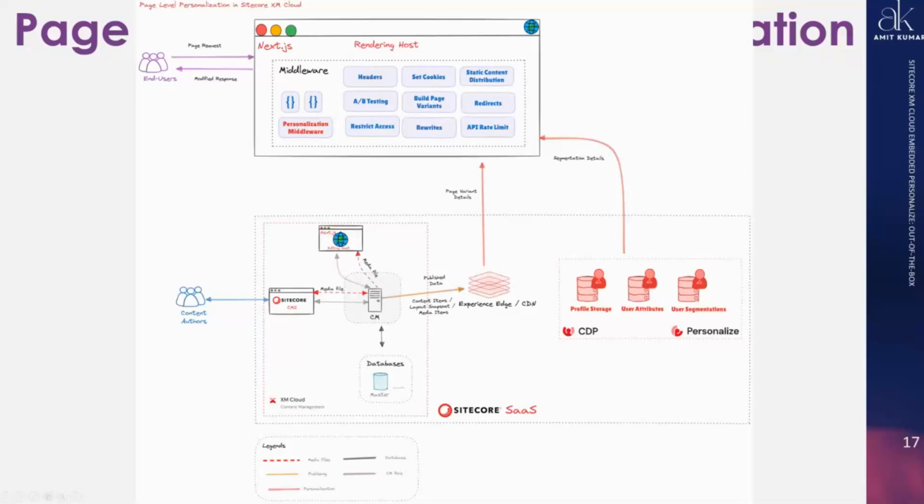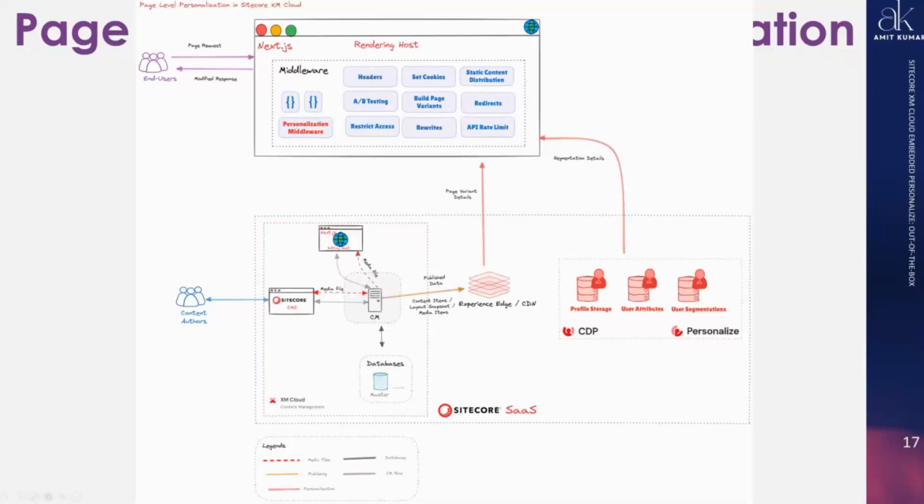And there is personalization middleware code in the Next.js code base when you explore it. In case of SSR, on the basis of the route, this personalization middleware will send a request to your experience edge and get all the page variants from the experience edge, which is just giving you how your page will look for different conditions.